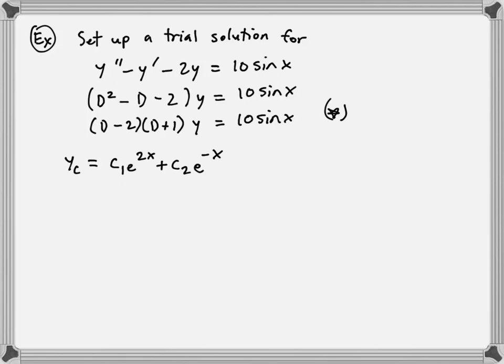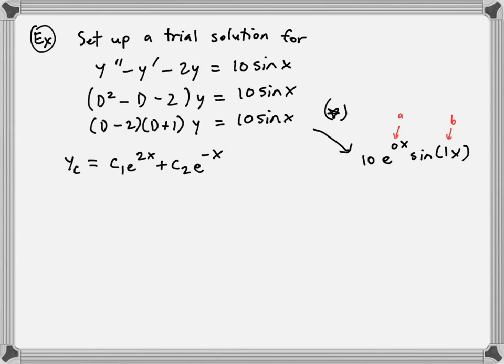Now, what am I going to apply to annihilate 10 sine x? Well, remember what we said? We always know how to annihilate it based on what the e power is and what's attached to the b. So what we are seeing here is that this is the same as e to the 0x sine of 1x. So this is our a, and this is our b.